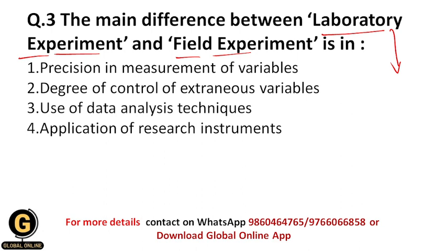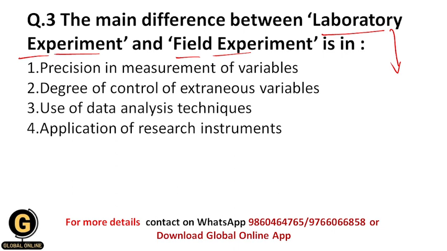And a field experiment is done in the natural environment. That's why in the laboratory experiment we can control all of the extraneous variables, because all of the situations are under our control. We make an artificial environment, which is called the laboratory or controlled environment.